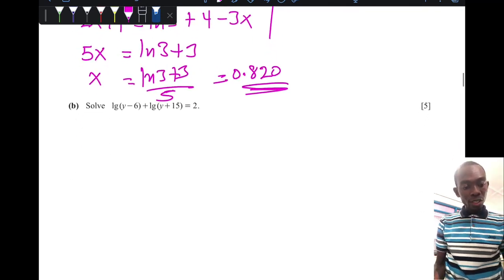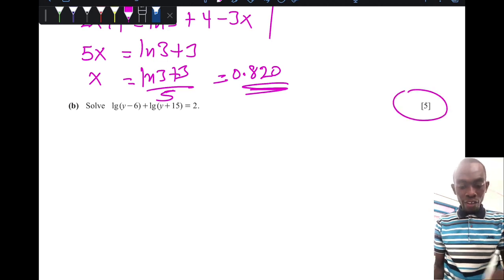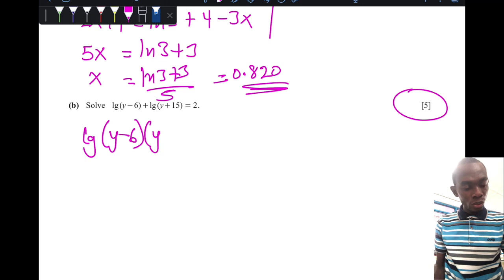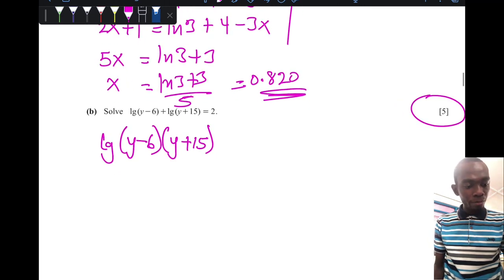Now you have this equation to solve. This a log, so for 5 marks. So that becomes, they are adding, so we go to multiply. Okay, so you have log this, that, this, and that. Okay, is equal to 2, but these logs, all right, come with base 10.